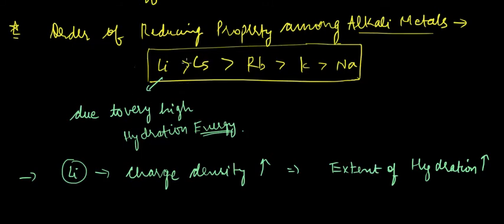So the Li cation would have the least size among all of these, hence the charge density on the Li cation would be the highest. So the extent of hydration would also be highest. As the extent of hydration is highest, hydration energy would be high. And as hydration energy would be high, delta H of hydration would also be more negative.